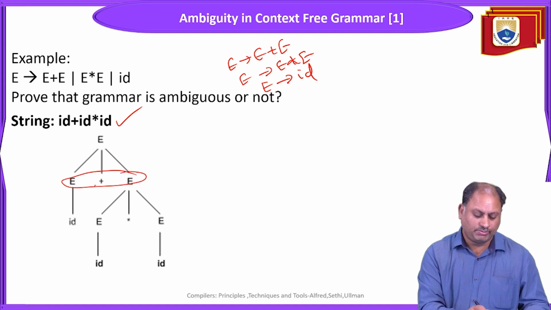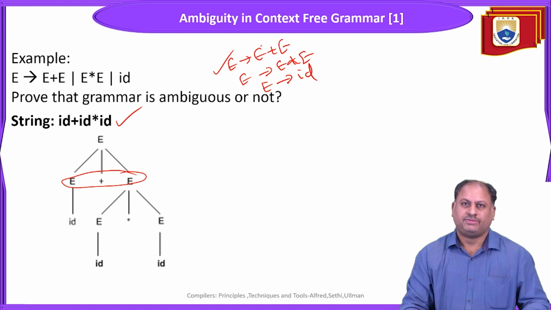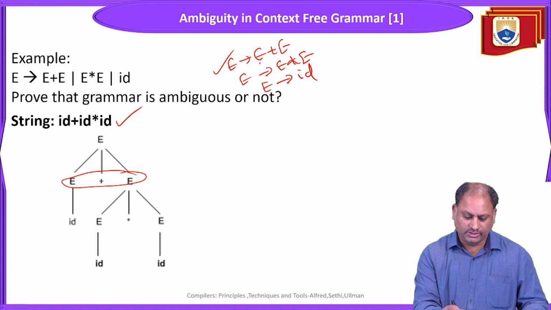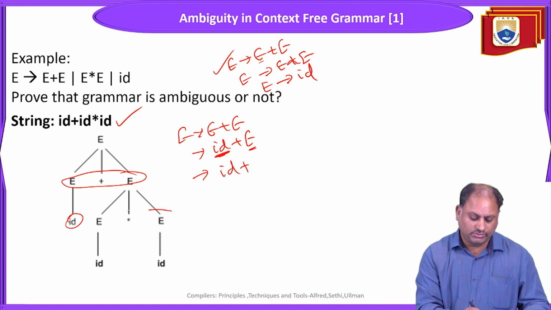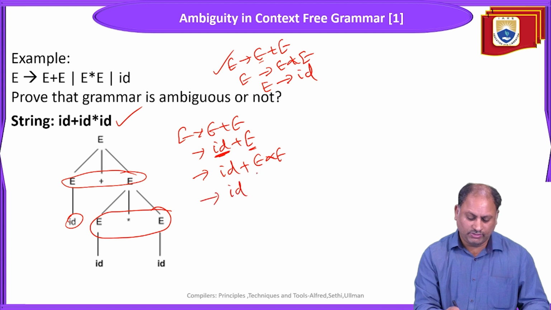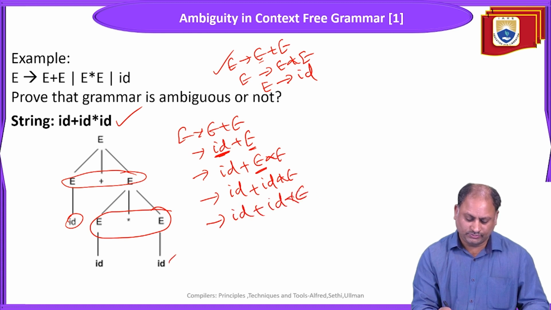As the first step, we applied E derives E plus E. And then the first E we replaced with E derives ID, that is the leftmost derivation. And then the next E is to be E star E. Then the leftmost, that is ID star E. And then ID plus ID star, and the rightmost is not E, that is ID.